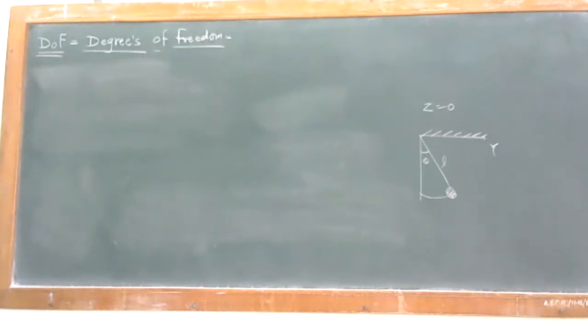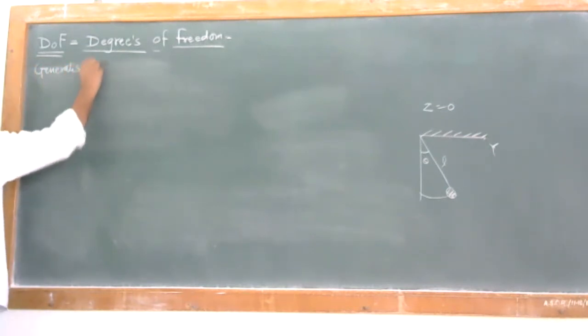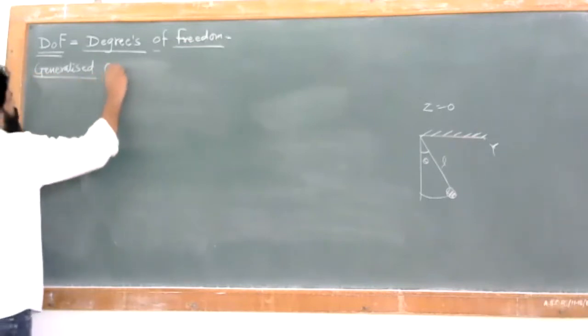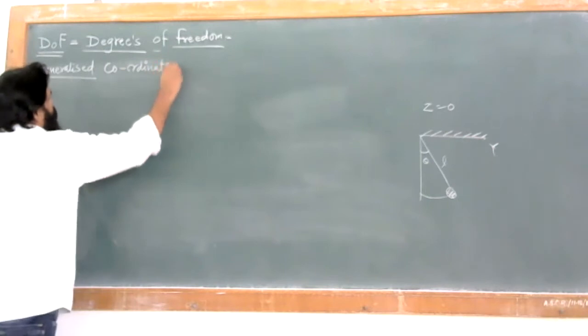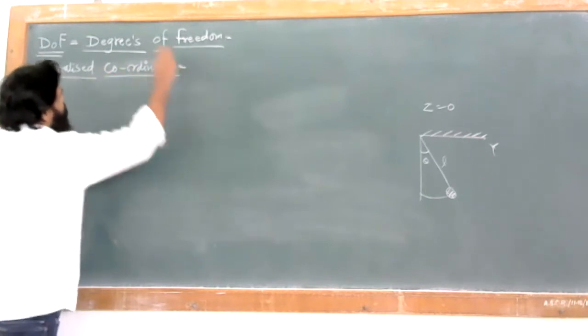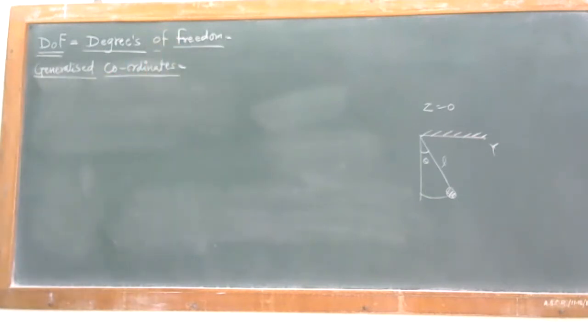The next point is the generalized coordinates. So we have to look at the generalized coordinates. The generalized coordinates, these are nothing but the minimum number of coordinates. I'll just define it first.